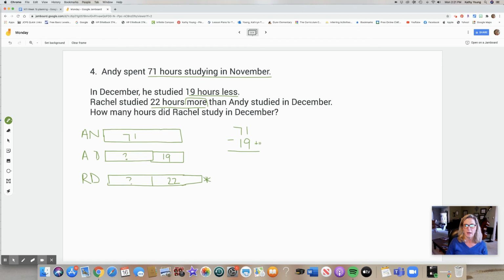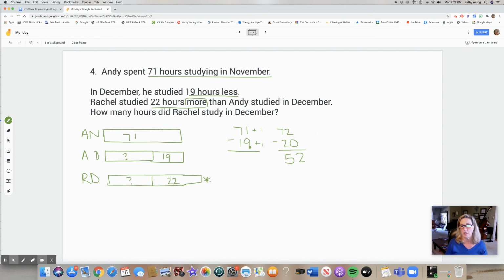I'm going to add 1 to 19 and add 1 to 71 and get that easier problem to work with. 72 minus 20 is so much easier than 71 minus 19. Remember, it just changes. It doesn't change the difference. It just changes where you are on the number line. So I can do 2 minus 0, and I can do 7 minus 2, so 52.